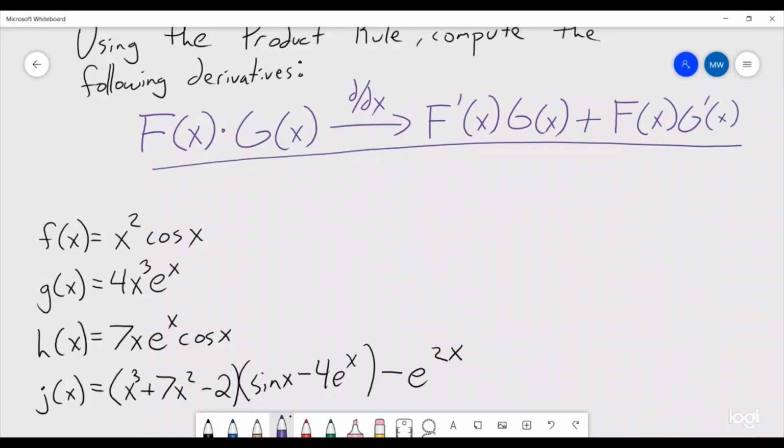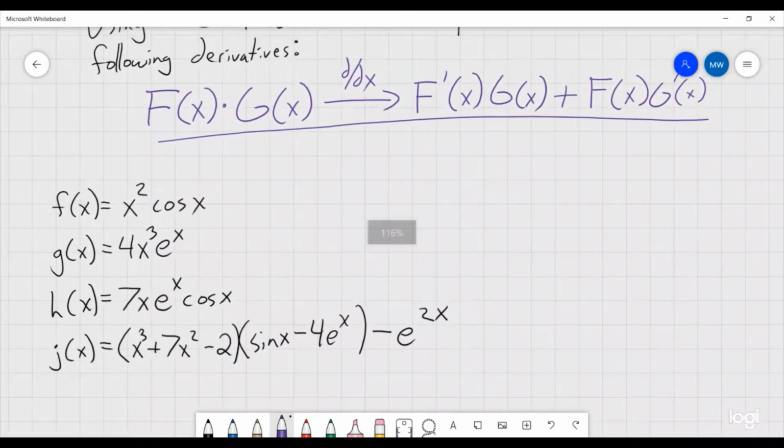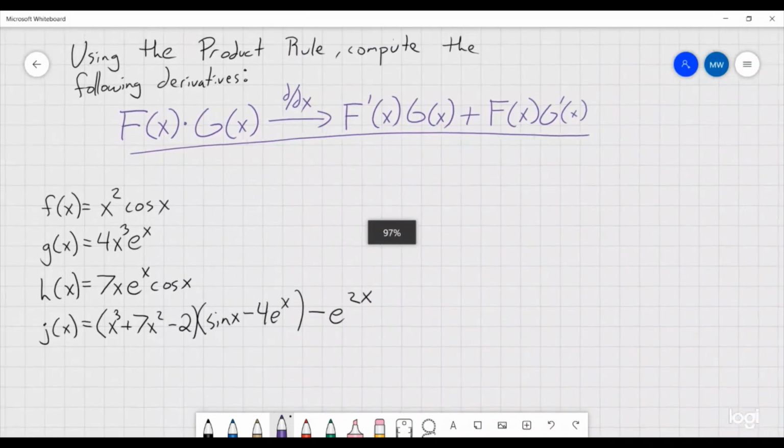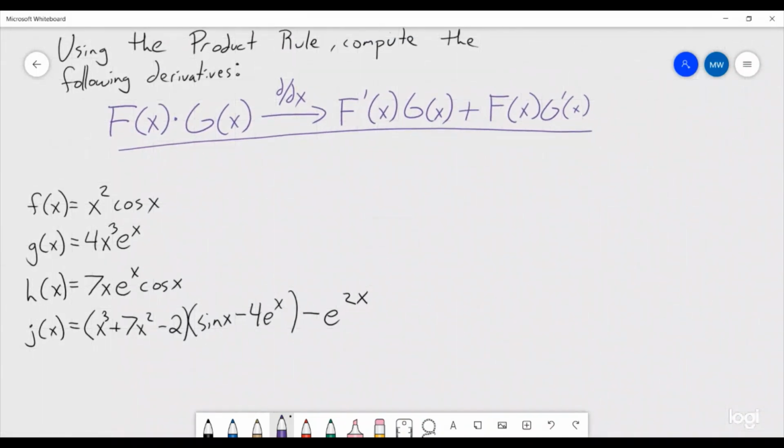So using this, let's go through each of these different derivatives. So f prime of x. Well, following this rule, we are going to break this up into the product of a couple functions. So we got x squared times cosine of x. So first, we are going to take the derivative of x squared. Well, that's 2x, and then we are going to multiply it by cosine x.